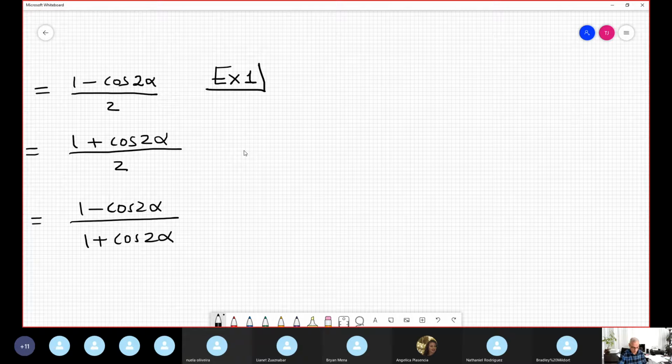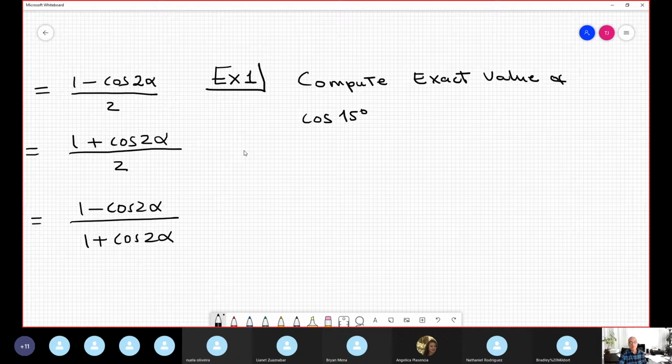Suppose I need to compute the exact value of cosine 15 degrees. Yeah, I have no idea.